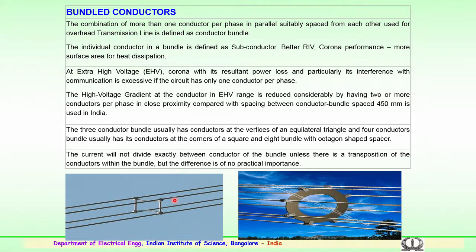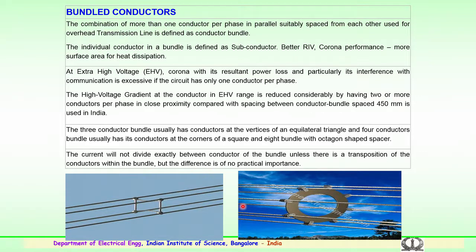The advantage is that the conductors perform better in radio interference voltage measurement issues. Then corona performance, because of the shielding effect, is much better with bundle conductors, and there is more surface area for heat dissipation.